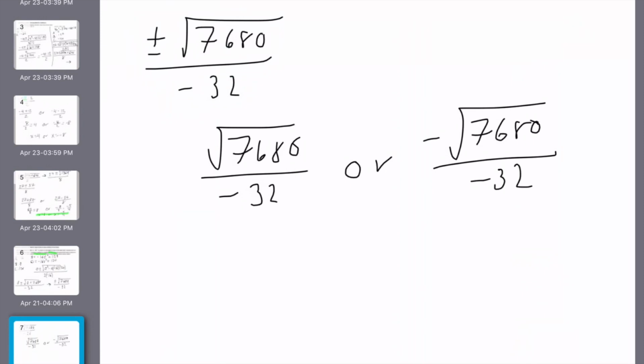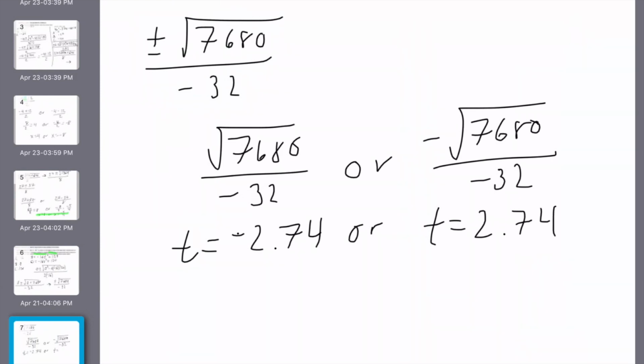And when I go ahead and put this in the calculator, I get that my x, or my t, let's just make this t to keep it consistent in the problem, t equals negative 2.74, or t is positive 2.74.